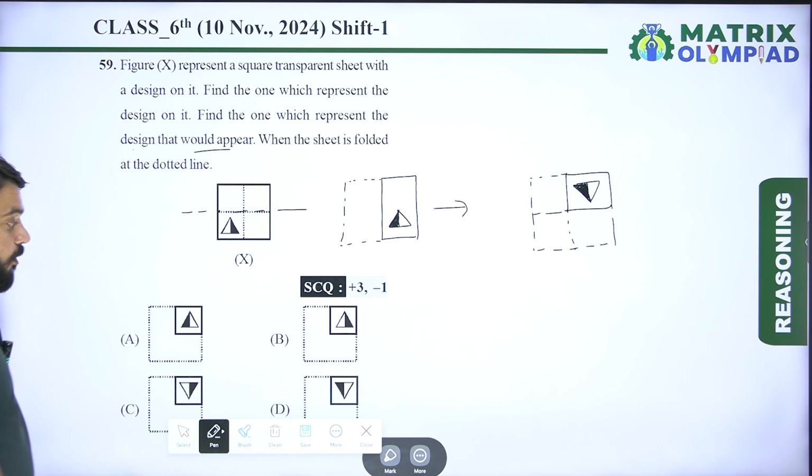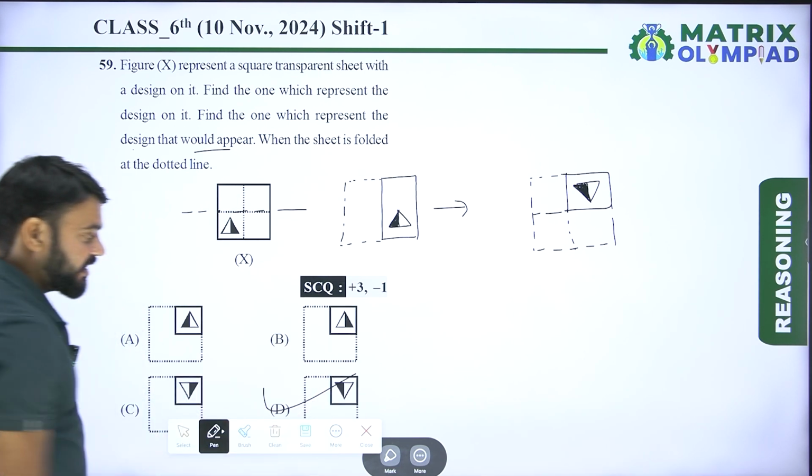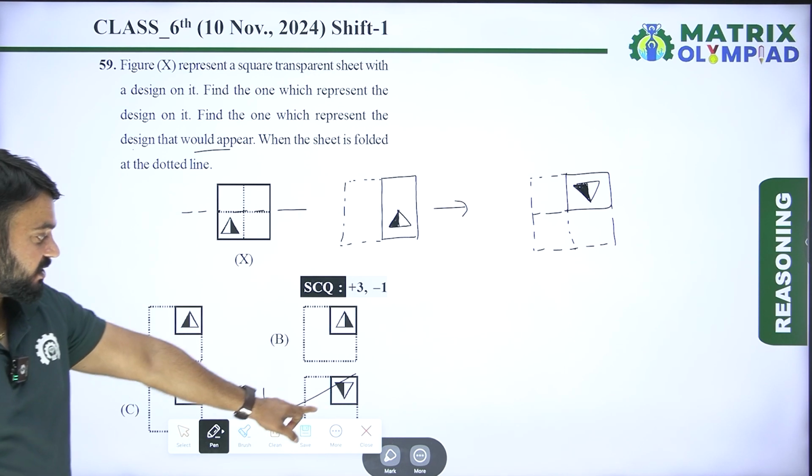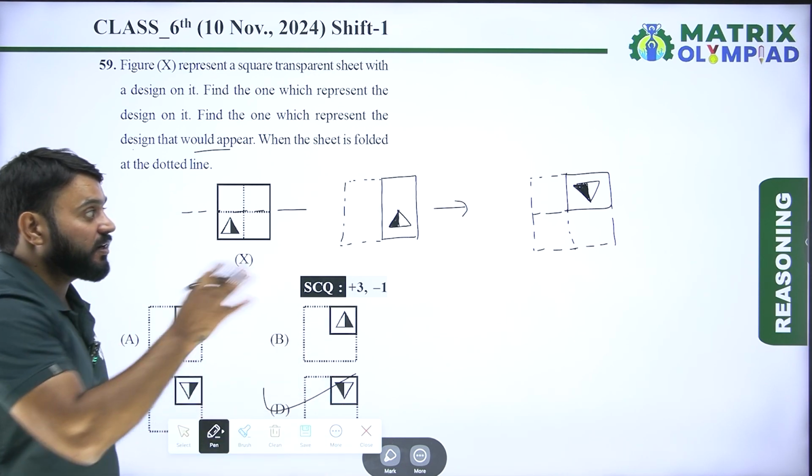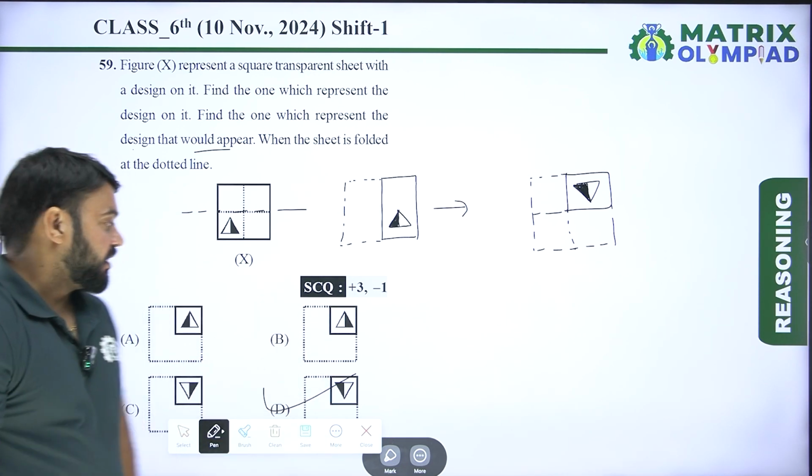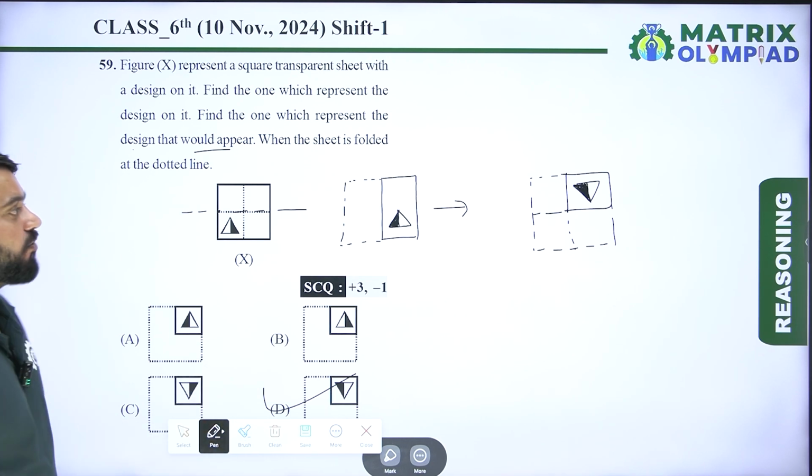So here option D is the correct answer of this question, because option D shows the correct folded sheet.